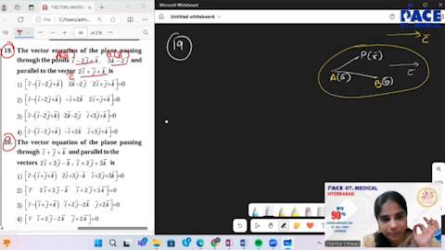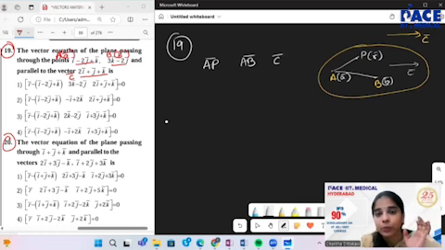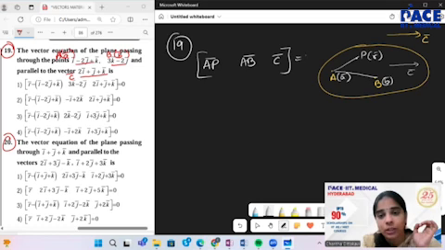Along with that, the other vector is C. All these three are now coplanar, isn't it? Now, which three vectors are coplanar? My AP, AB, and vector C are coplanar. When these three vectors are coplanar, obviously their box product equals 0.